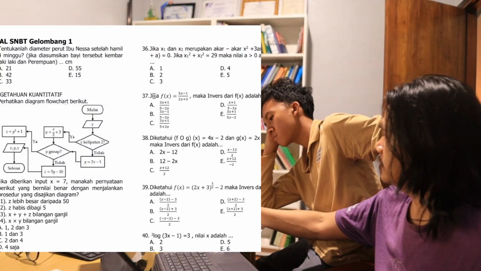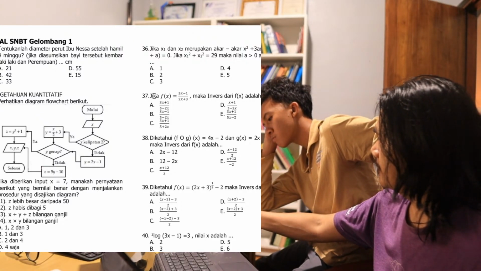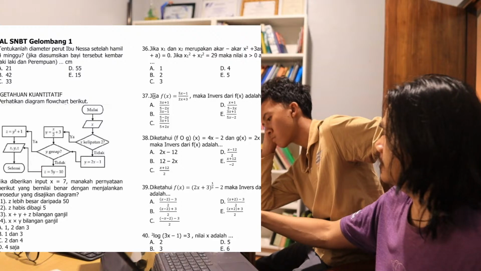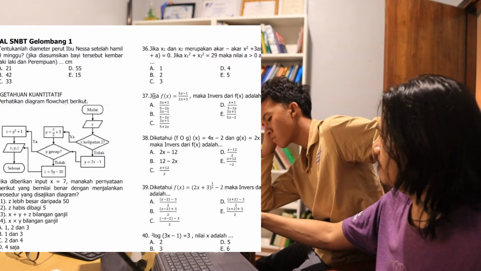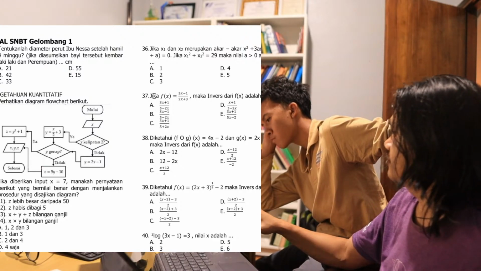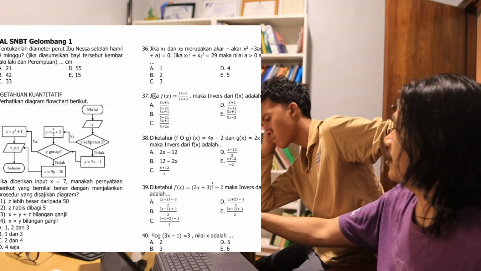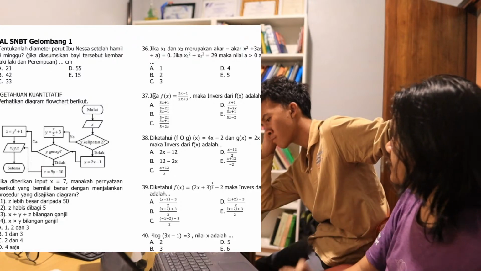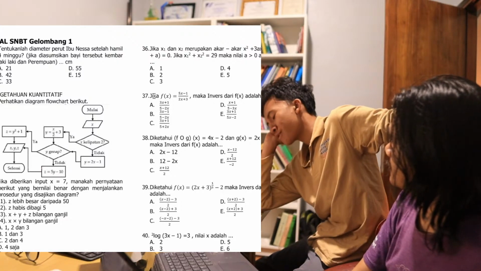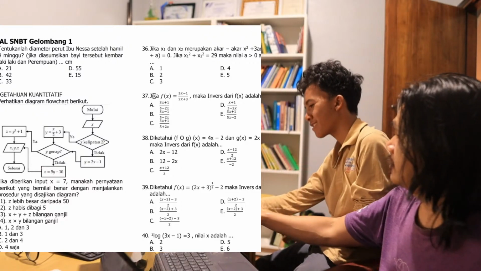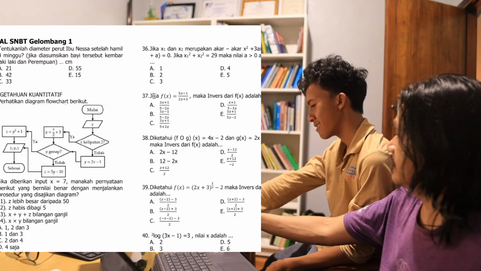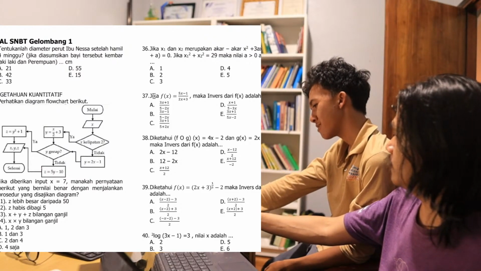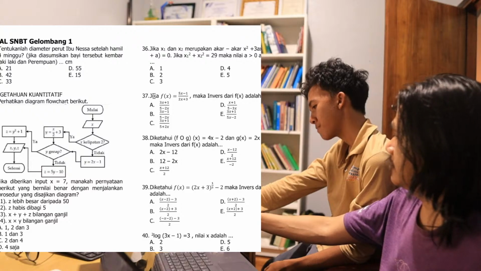Can you do some manipulation so that you have x equal to something? Maybe you need to cross multiply and then collect terms that have x on it. So if you have something like this, you multiply both sides by 2x plus 3.